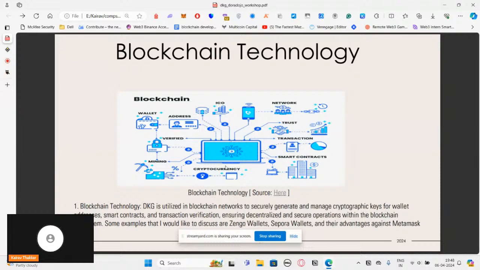But I'm talking about keeping funds secure, like keeping long-term funds secure, and making them more robust and resilient against attack. I would appreciate it if people would explore MPC wallets like Zengo and Sepura. This is in no way in conjunction with them. It's just that I have explored the services, and they are pretty good compared to MetaMask or others which are not using MPC technology.